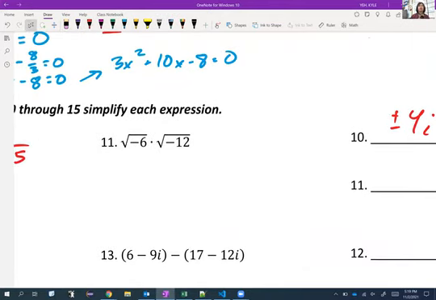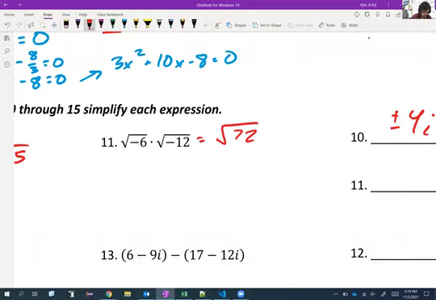What about 11? For 11, we're going to make use of that radical property that says if we're multiplying a radical times a radical and they're both square roots, we can just multiply the insides and combine them under one square root. So -6 times -12, this is the square root of positive 72.